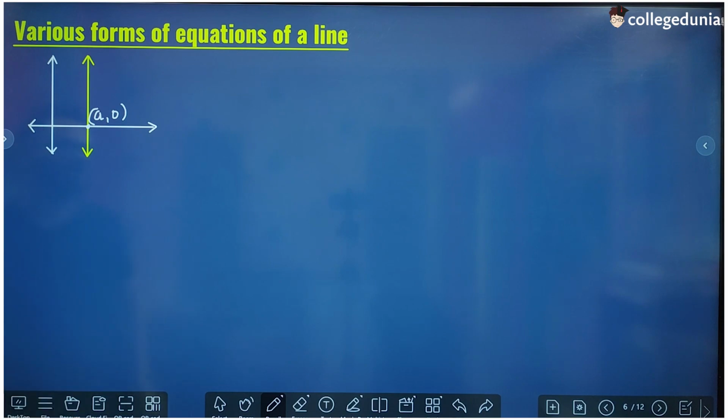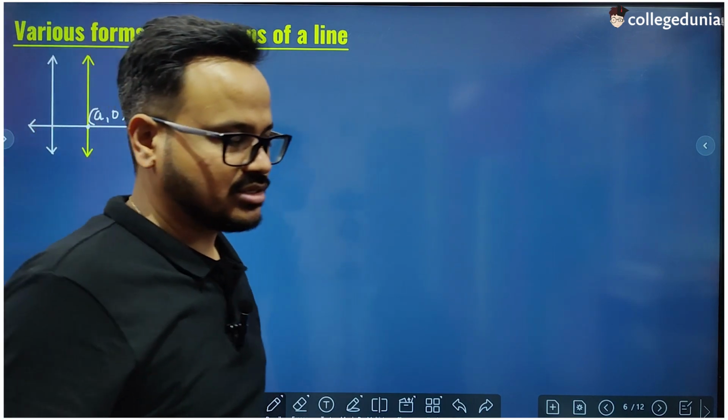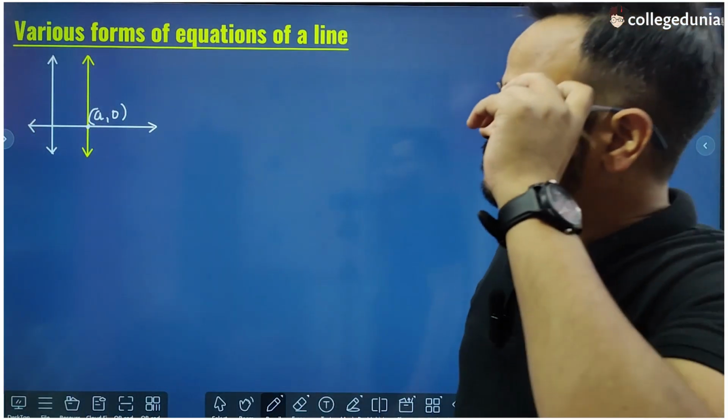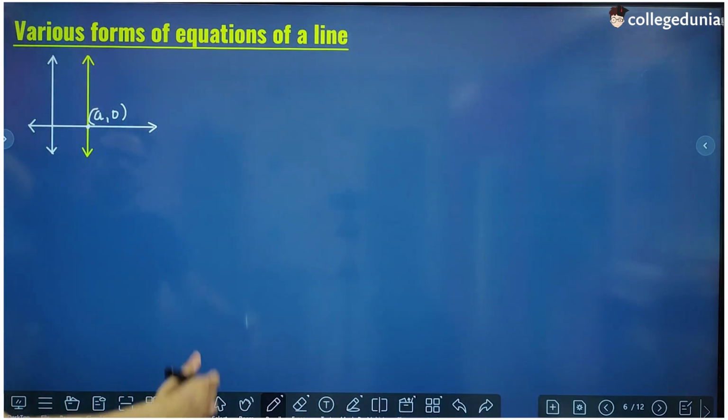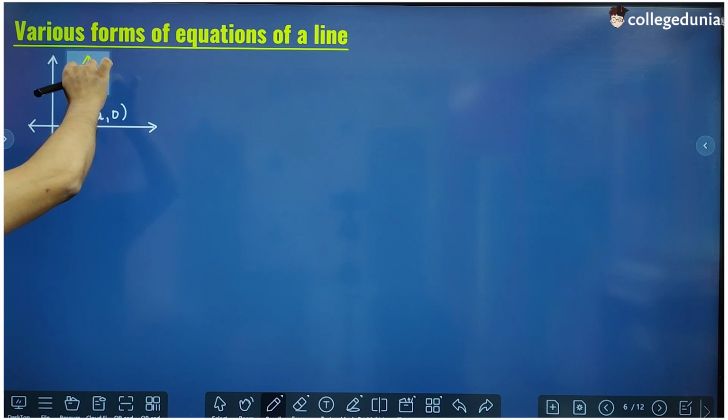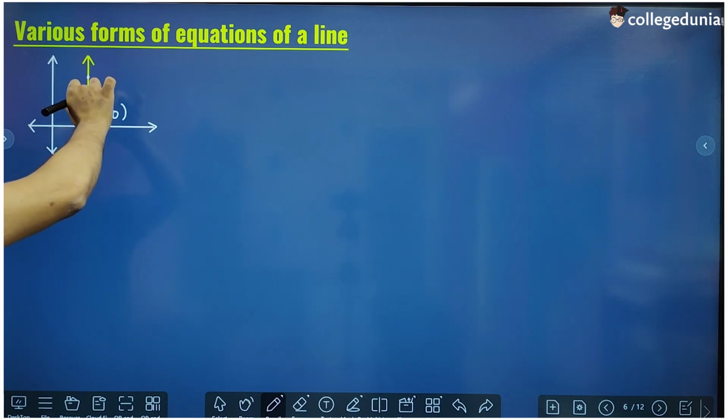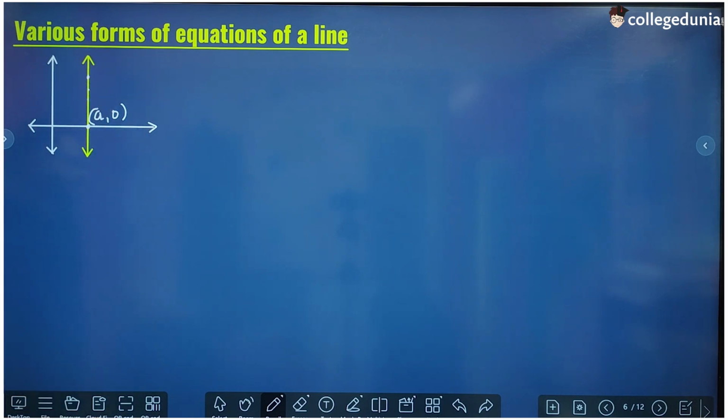So what is the equation of this line which is parallel to the y-axis? If we consider any point on this line, then obviously the x coordinate of every point on the line is a, irrespective of the y coordinate.